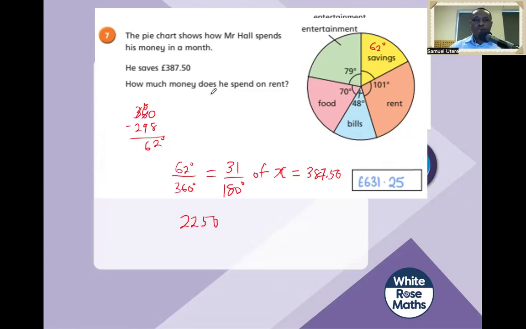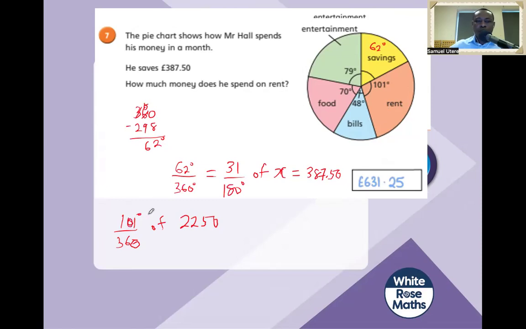Now we're being asked how much money he spends on rent. Rent is 101 degrees. So we're going to do 101 degrees out of 360 of this amount.